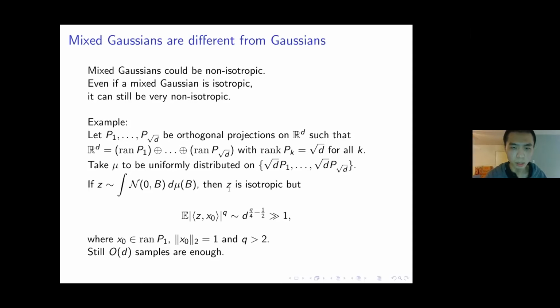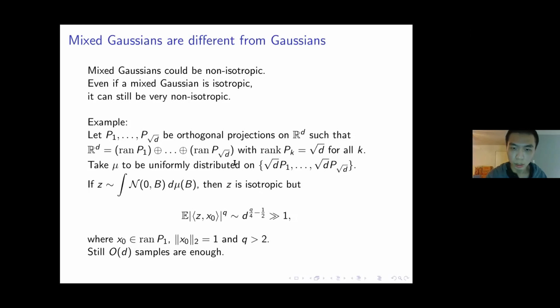Okay, and then this is going to be isotropic, because if you take the average of these, the covariance matrix is going to be identity. But the one-dimensional marginals can be very bad as long as Q is bigger than 2.